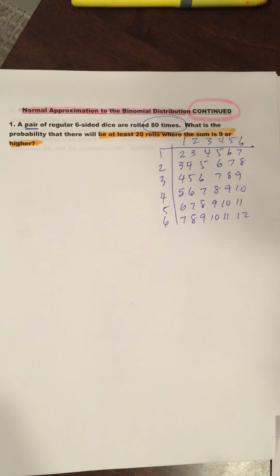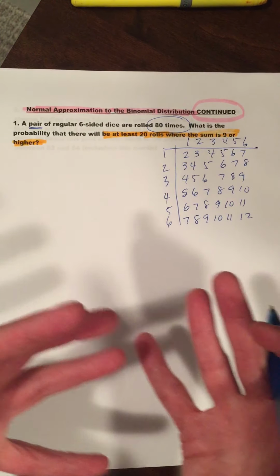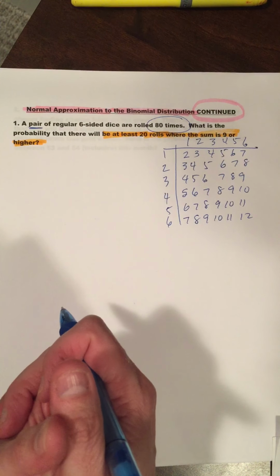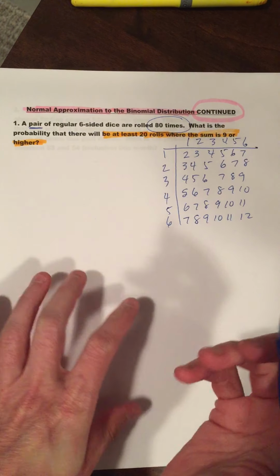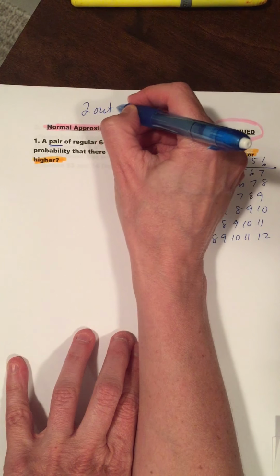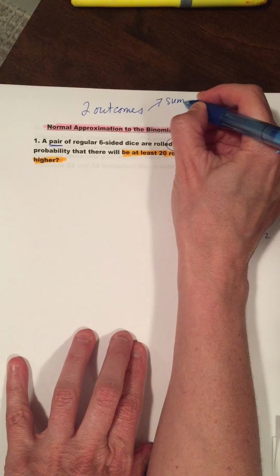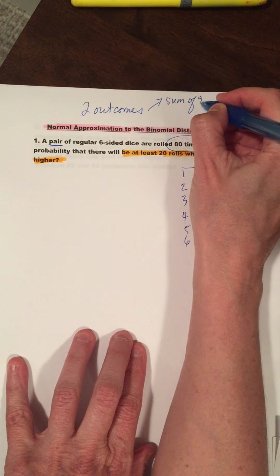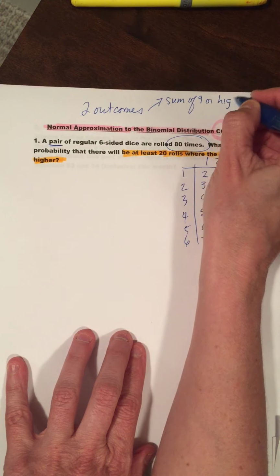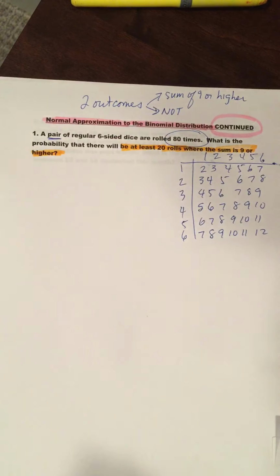So hold on, because when you sit down to do the test, you're not going to know what type of question you're dealing with, right? So first thing I want to point out is 2 outcomes: a sum of 9 or higher, or not.